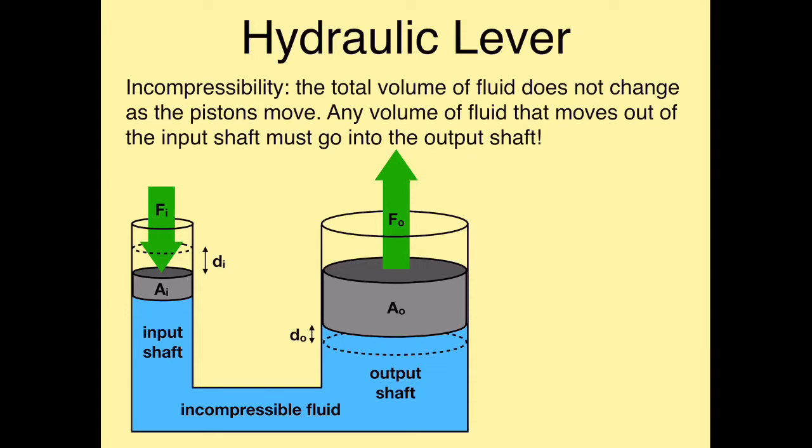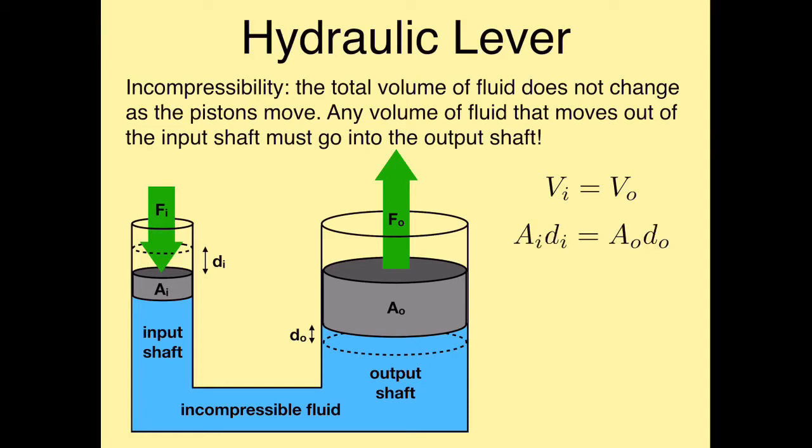That is, even if we're applying really large forces, the fluid is not going to be compressed. The total volume is not going to change as the pistons move. So since the total volume is staying the same, any volume that we move out of the input shaft as this piston moves down is going to have to just flow into the output shaft over here. Okay, so any fluid moving out of this shaft is just going into this shaft. So VI equals VO. That's the idea.